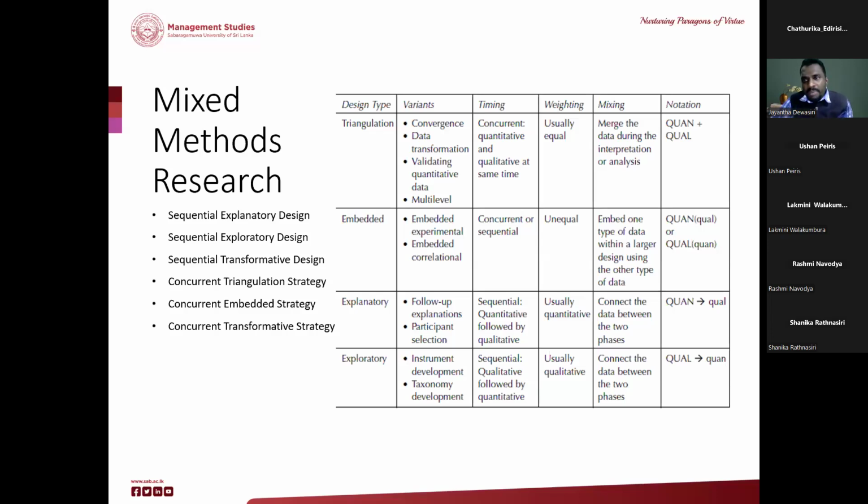For an example, you are investigating mobile payment adoption again, and you are going to conduct a mixed method study in order to have a confirmation. It is then a sequential explanatory design, quantitative followed up by qualitative.